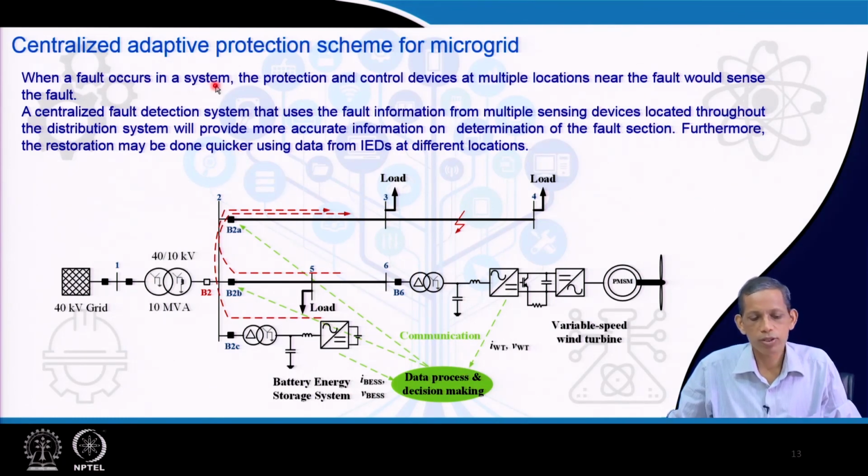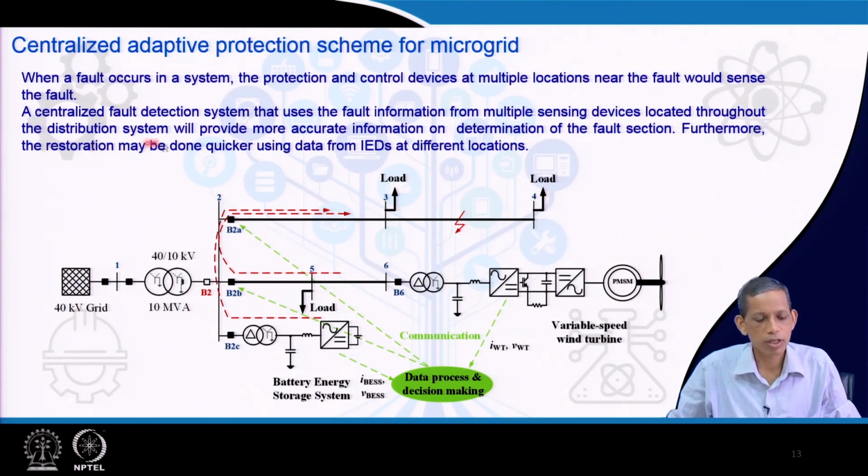When a fault occurs in the system, the protection and control devices, or IEDs, at multiple locations observe the fault situation, and in particular the IEDs near the fault sense current and voltage changes.